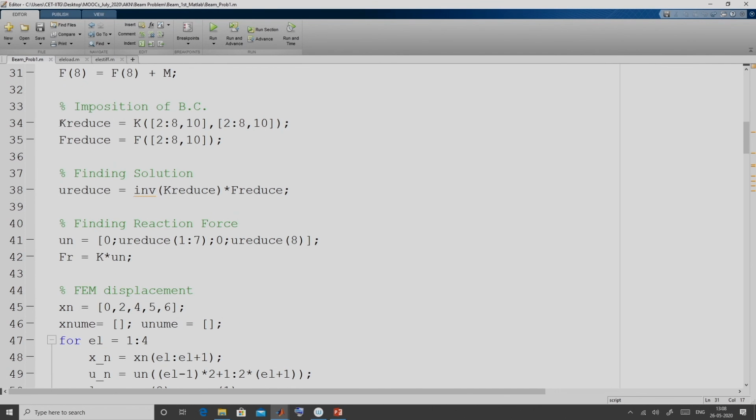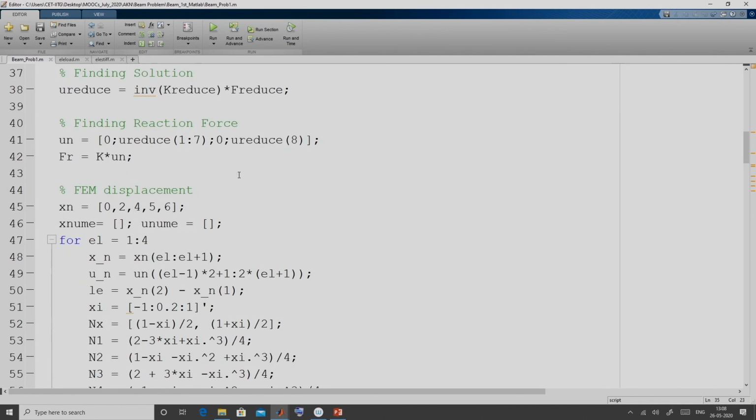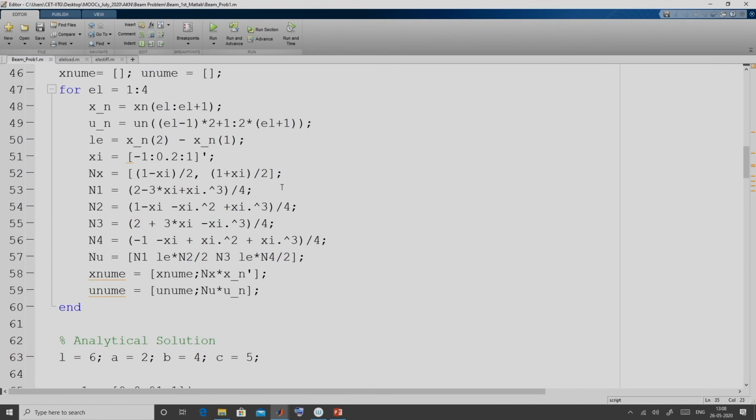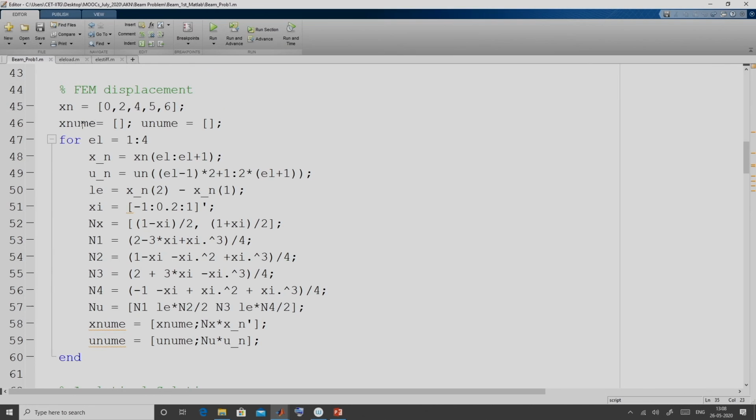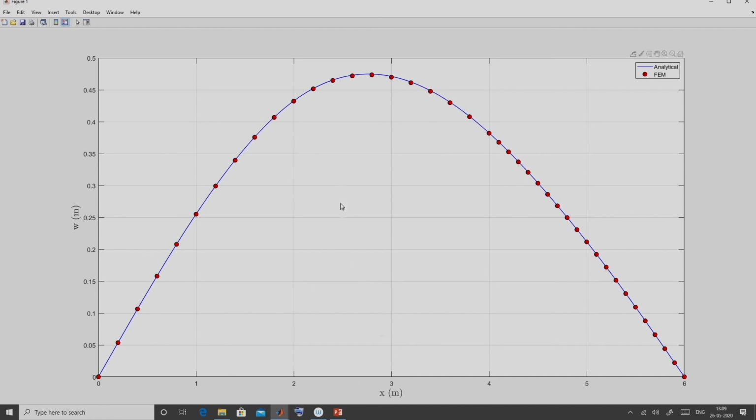Then we do the imposition of boundary conditions at this step. After that we do post processing to get the reaction force, and finally we plot the FEM result on top of the analytical solution, and we can see the exact match between the finite element result and our analytical result.